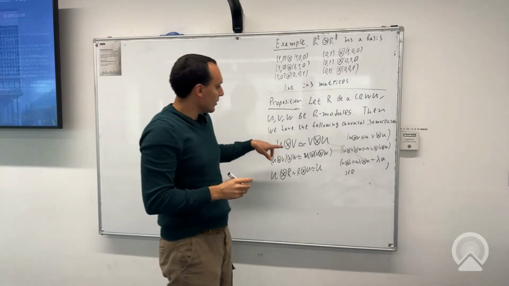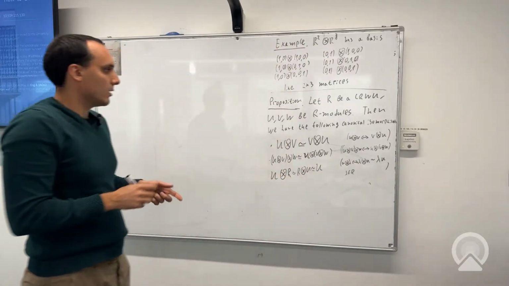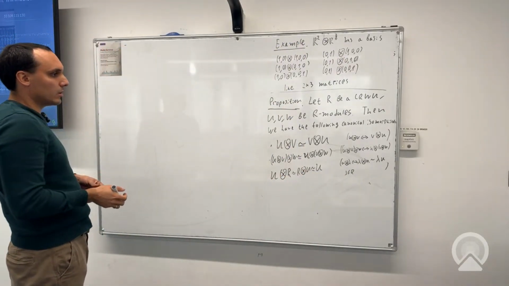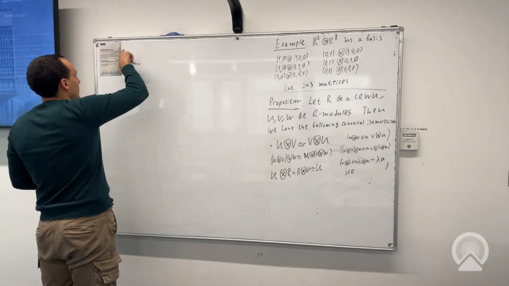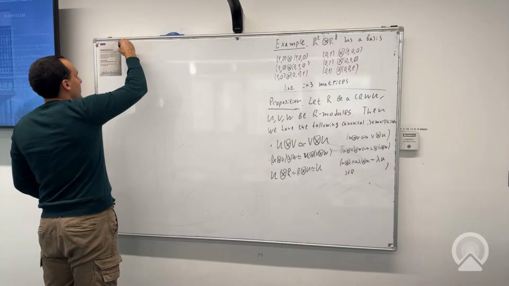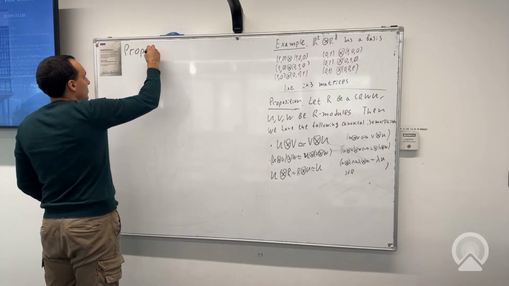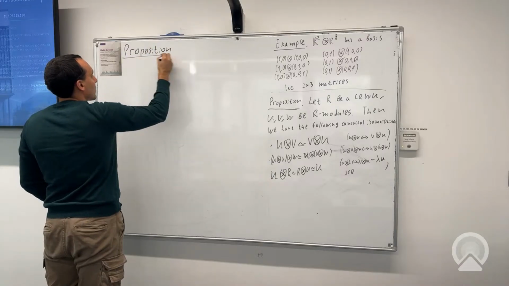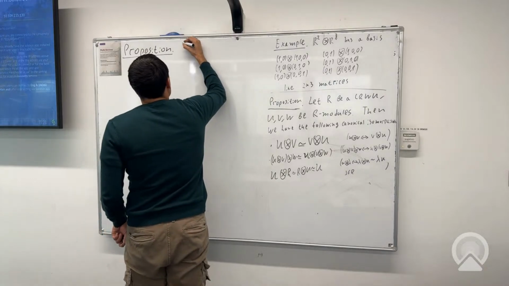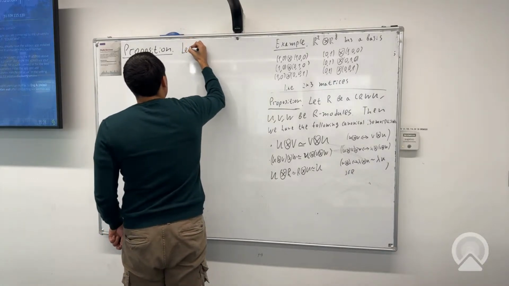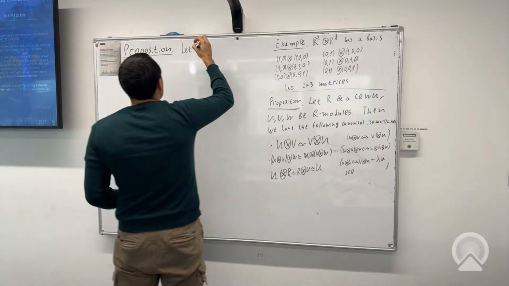Now, these tensor products combine well with Hom spaces, especially with dual spaces. So let me just give a proposition. It's better to do it in two steps, but I'll do a single one.